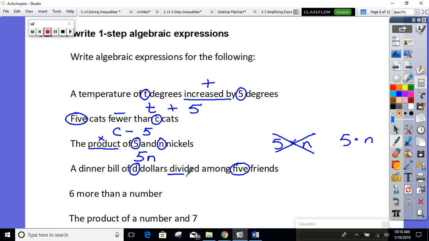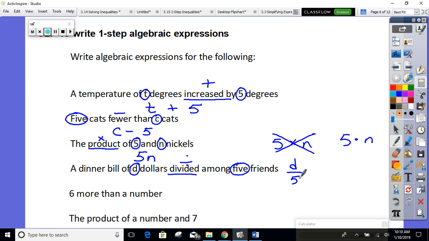Okay, what does divided mean to do? Divide. So we would have D divided by 5. The best way to show division when you're writing algebraic expressions is D over 5, like this. This means D divided by 5. I'm not going to take points away from you if you use the other division sign, but it's best to write it this way. That's how we'll be using division the most in days and weeks to come.